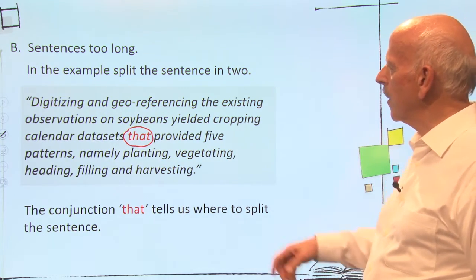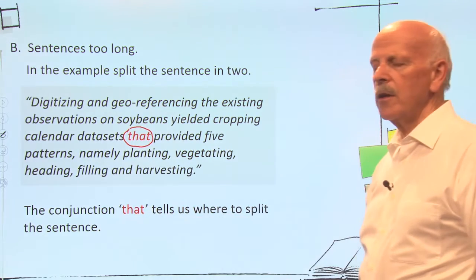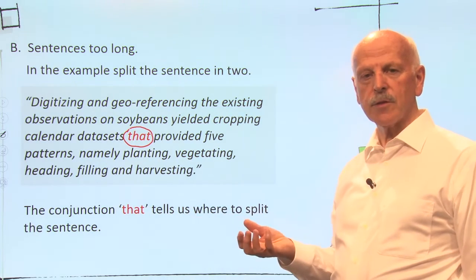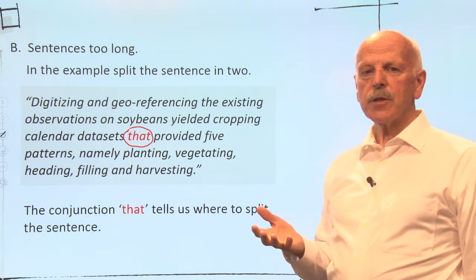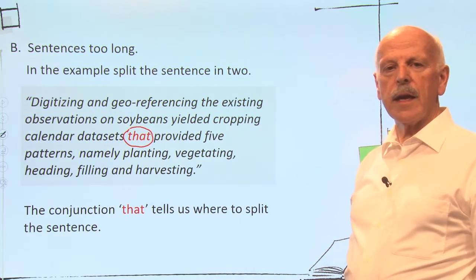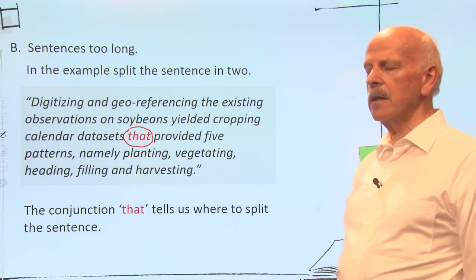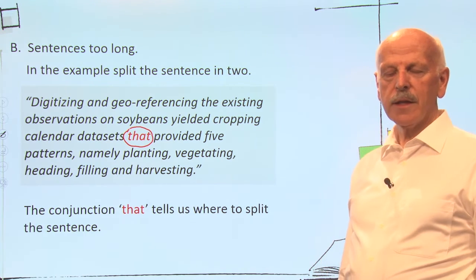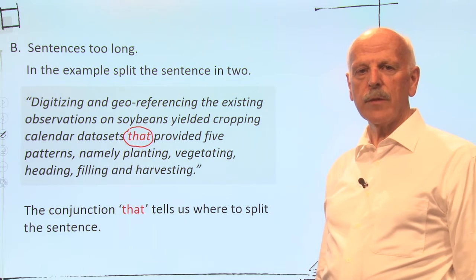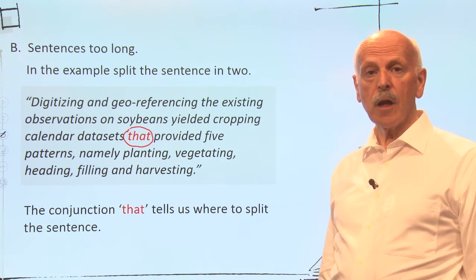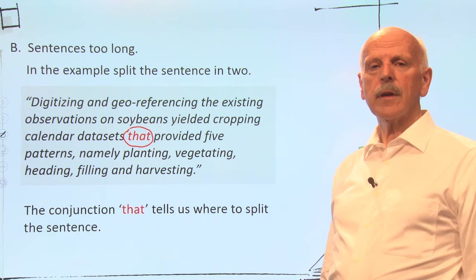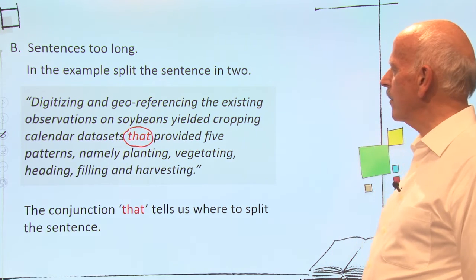Now let me explain a little bit about this. Digitizing means you're going to take data and put it in digital form. It makes sense. Georeferencing refers to where a particular, in this case, soybean plant is planted. And so the georeferencing refers to the latitude and the longitude and also height above ground where it's grown.